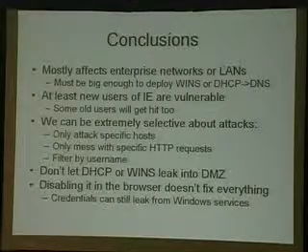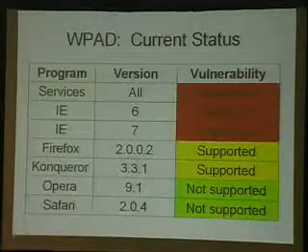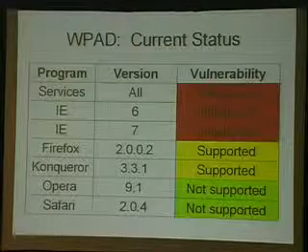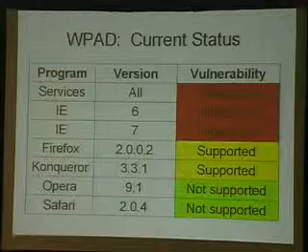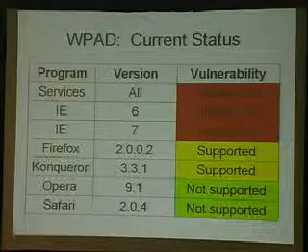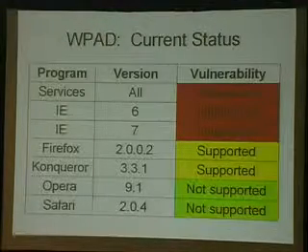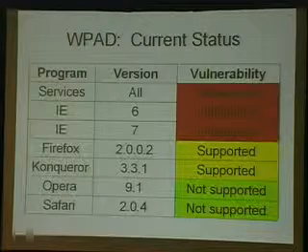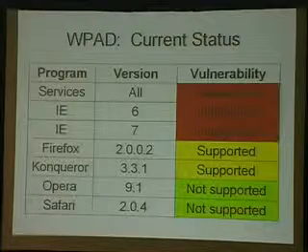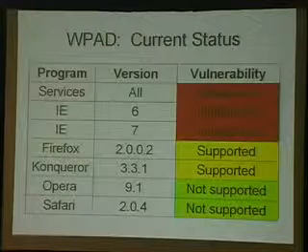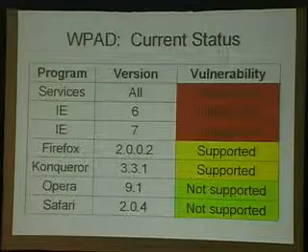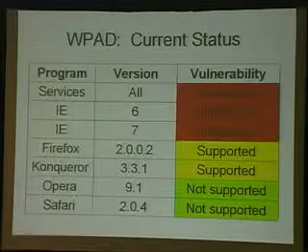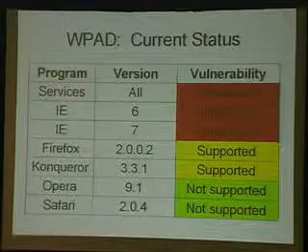Now, just in the interests of complete fairness and full disclosure, I've focused on Internet Explorer quite extensively in this, so I wanted to put this up just to explain why. The services in Windows, all of them will always do WPAD, currently. We're working on trying to figure out how to disable that at the moment. I believe the knowledge base article addresses it. IE 6 and 7 will initially do WPAD and then switch it on and off at random intervals thereafter.